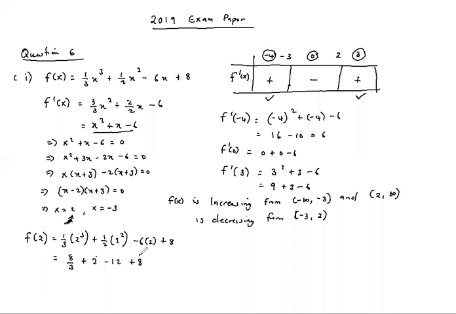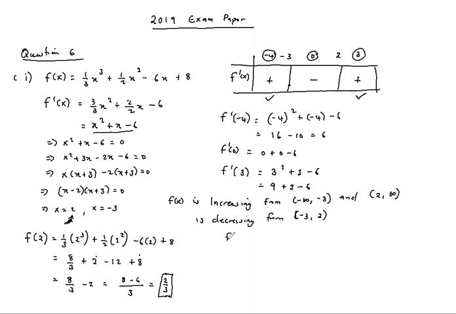Now 2 plus 8 is 10. Minus 12, we get negative 2. So we have this minus 2, which is 3 down, 8 minus 6. So this gives us what? This gives us 2 over 3. So we have this value here. This value is the turning point.